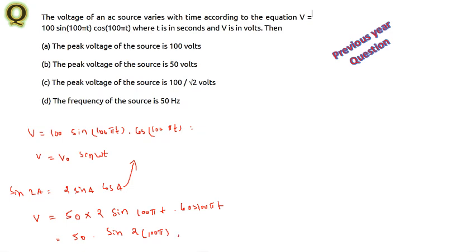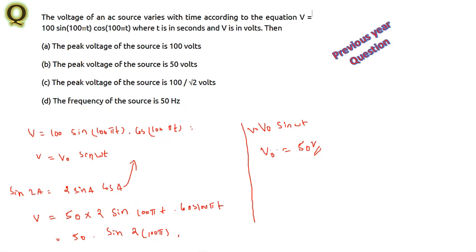From this, voltage V is equal to V naught sine omega t. Now according to this, what is the V naught value here? V naught equal to 50. So V naught here is 50 volt. If you are having 50 volt, that is the answer.